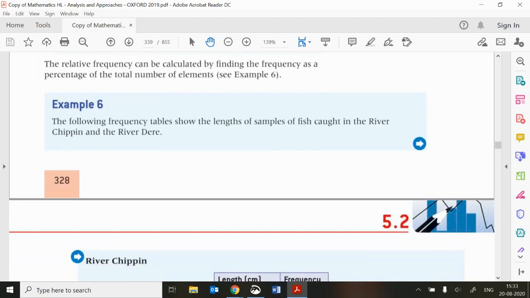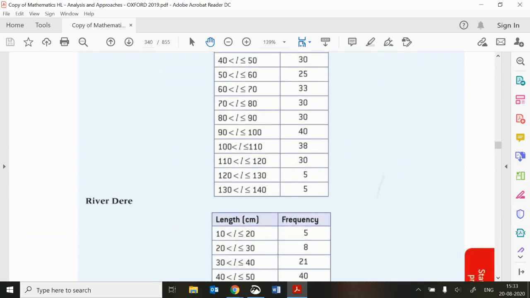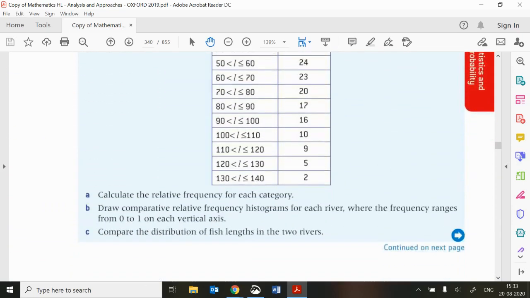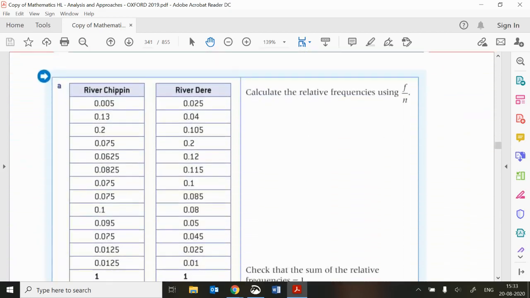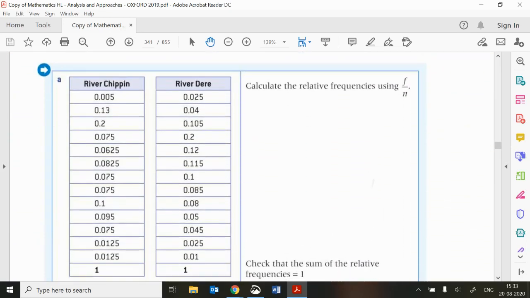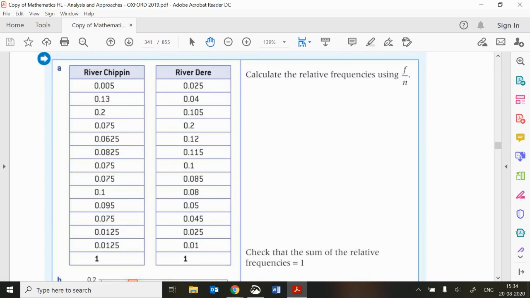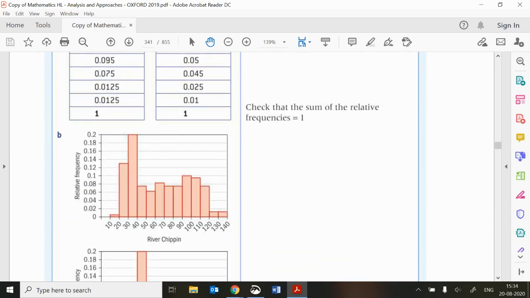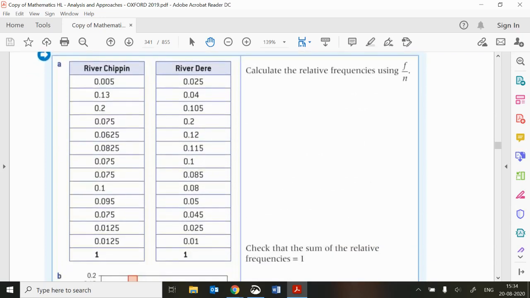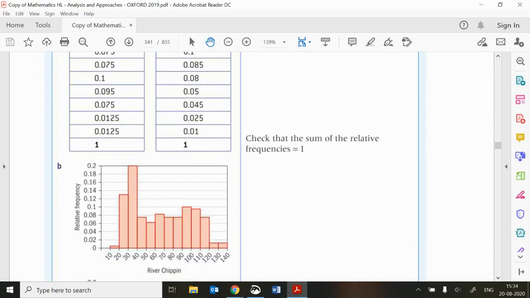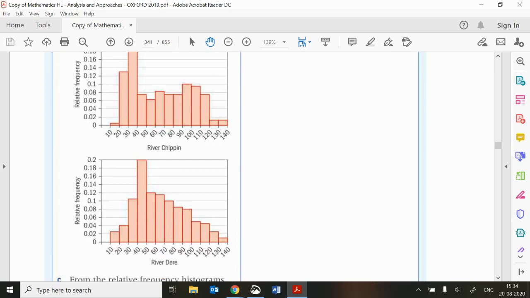Now, if you do that with this data here, and I'm obviously not going to do it myself, you can see they've changed the data into its relative frequencies and check that they sum to 1, so that they give you 100% across the categories, and then draw your graphs.